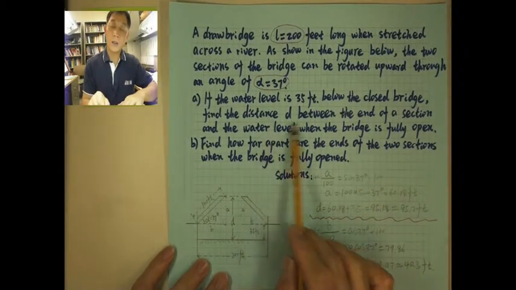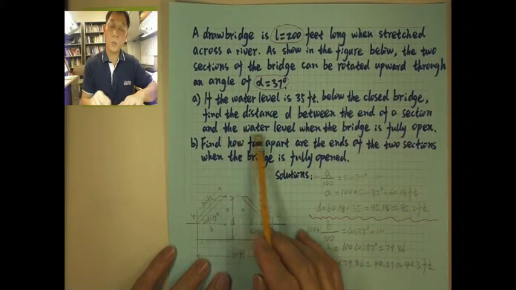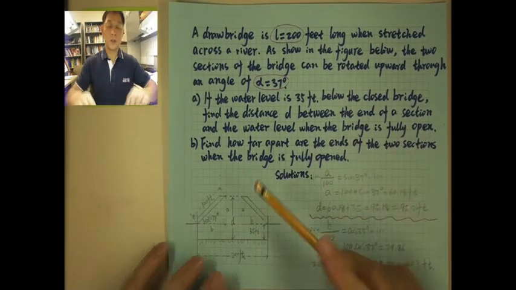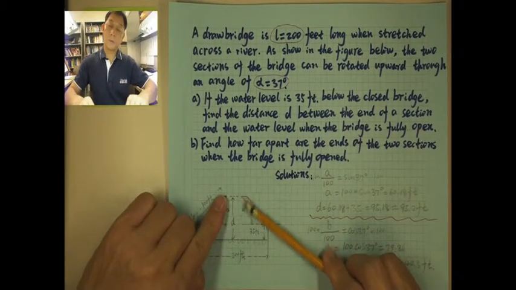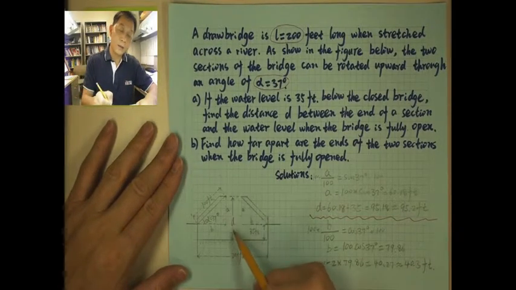They ask us to find the distance d between the end of the sections and the water level when the bridge is fully open. So it's open like this. Okay, ask us to find out d.